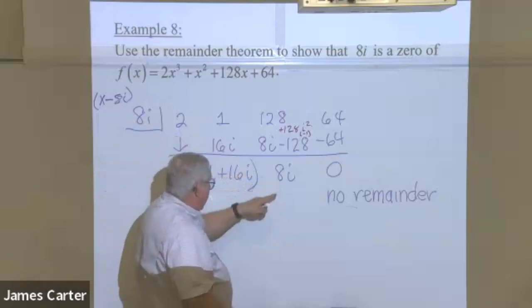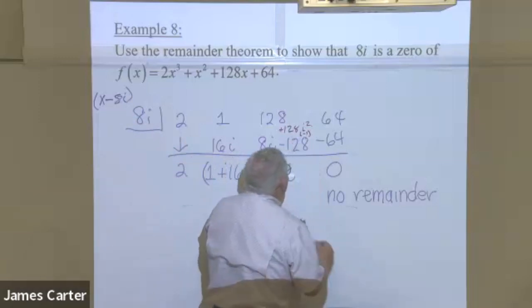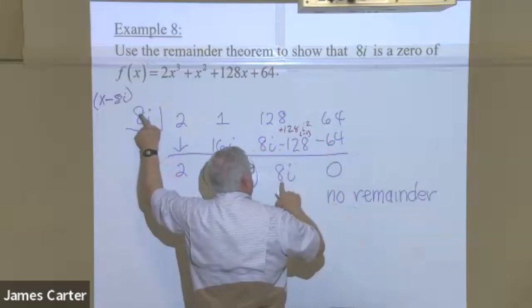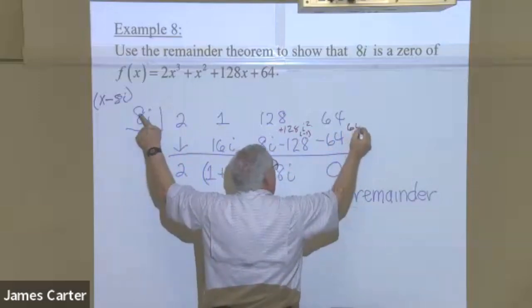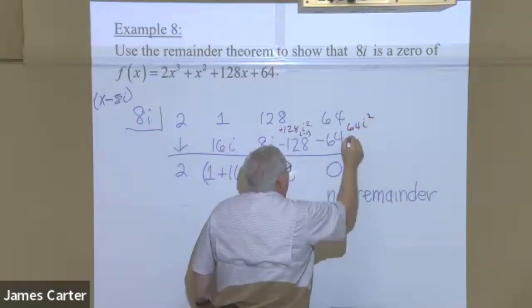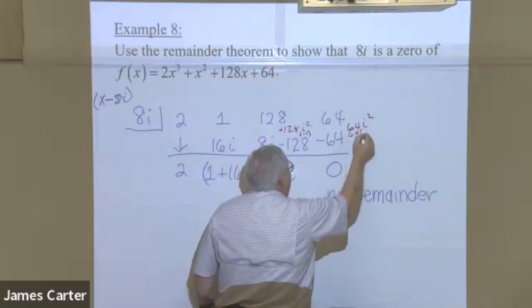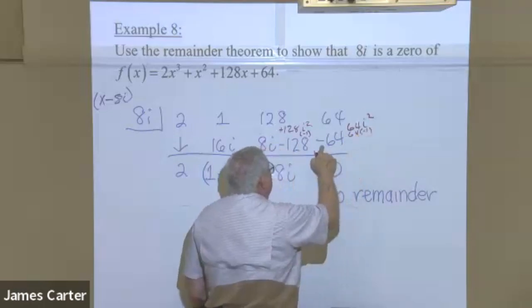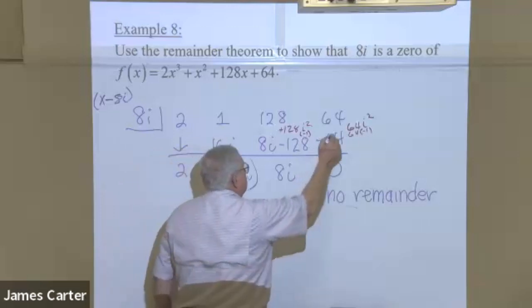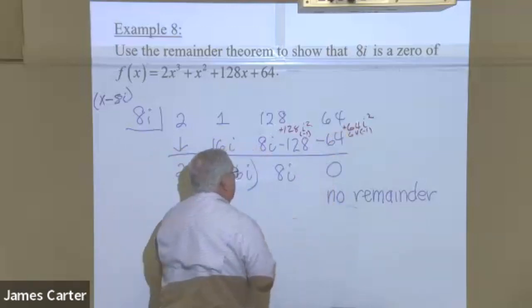8i times 8i, kind of like over here. What they did was 8 times 8 is 64. i times i is i squared, which is 64 times -1. So that's how they got that, whereas this was a plus right there before.